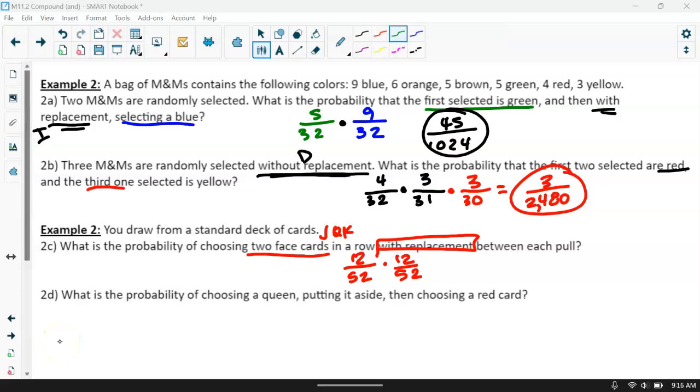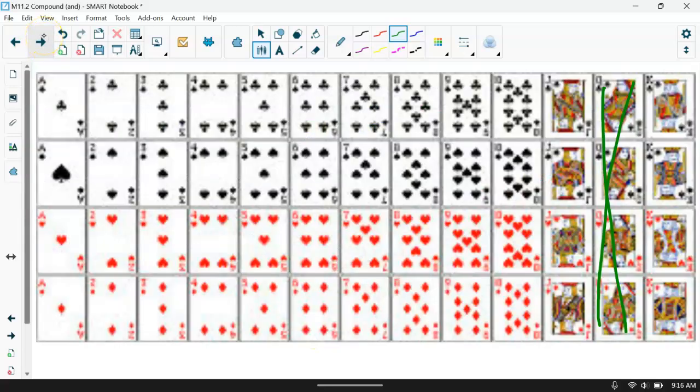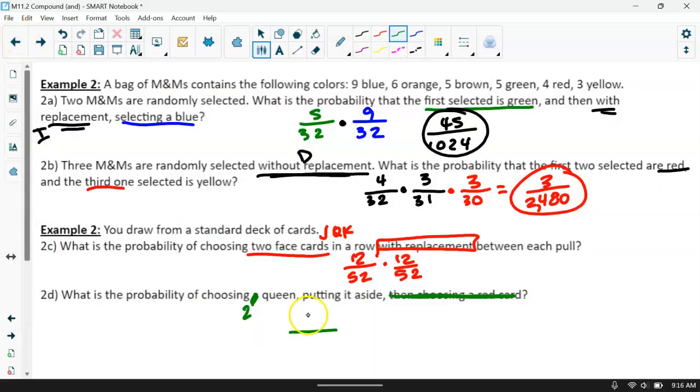And so now let's go here to this next one, but I'm going to change it. So let's do the same type of problem. So what's the probability of choosing 2 queens, but putting the pick aside? So again, now how many queens are there? There are 4 queens here, right? So 4 out of the 52. But again, let's say you choose it, right?